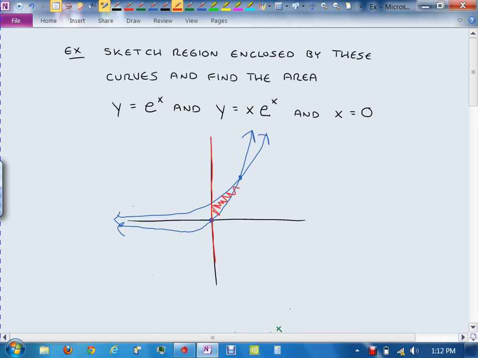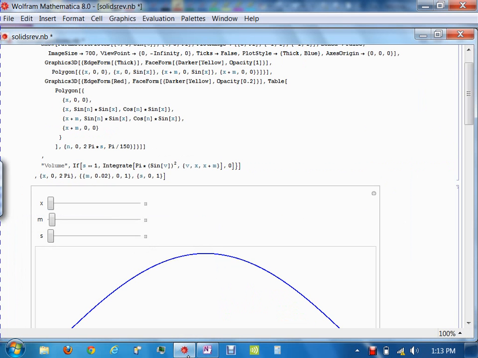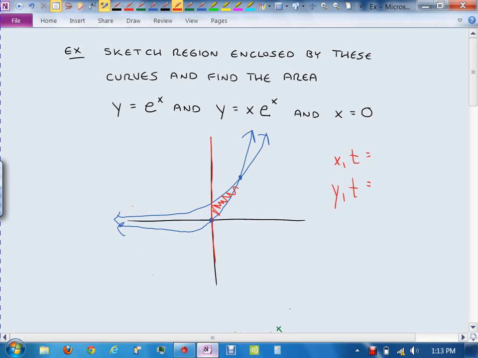How many of you got that on your calculator? Those of you who have a calculator. Anyone get it yet? No? Are you trying the parametric? So how would it be parametric? X1t, Y1t. What would that be?